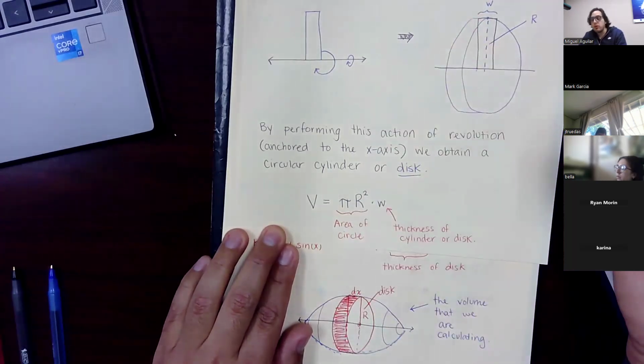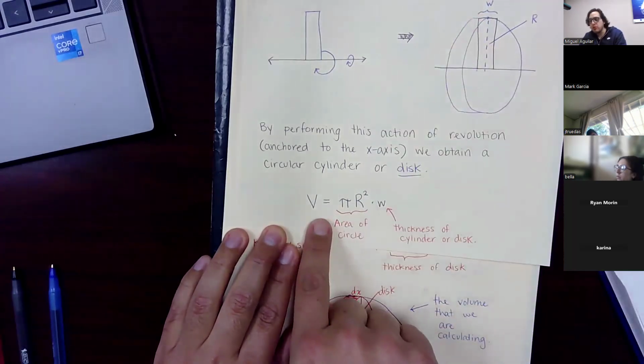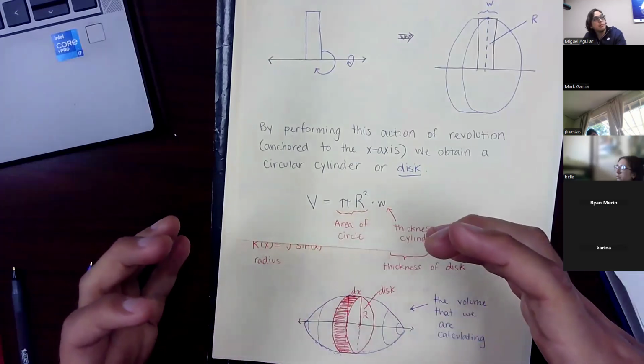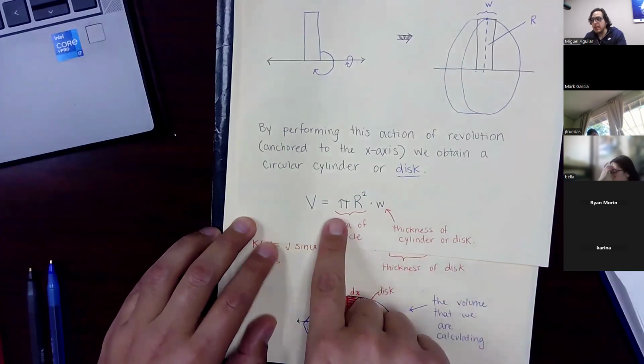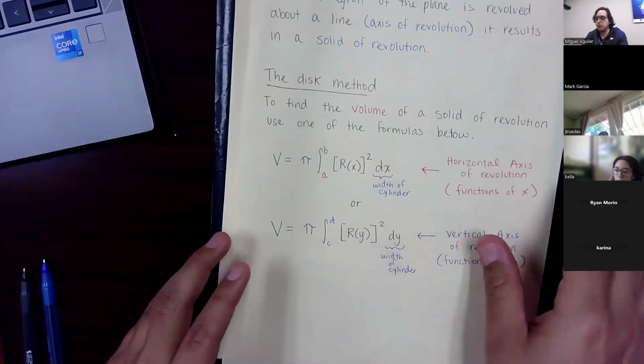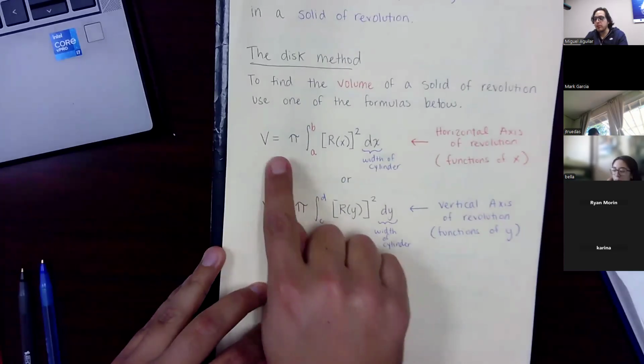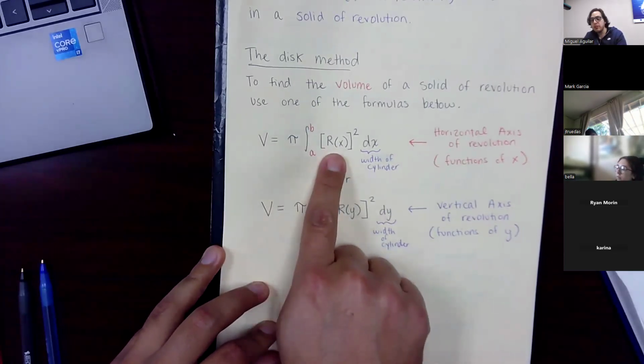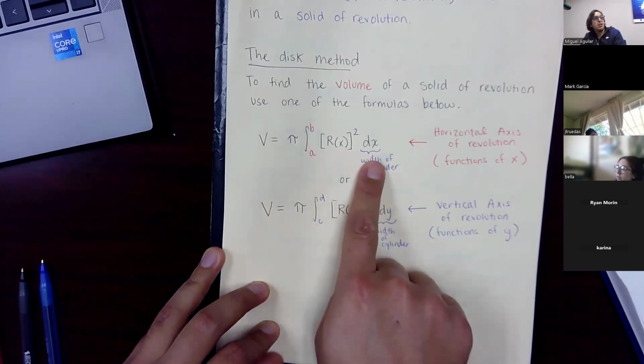So whenever we start drawing these functions, we're thinking about this analogy of what these cylindrical shapes are, right? And that's really the integral that we were applying. The integral formula for these volumes is going to be pi r squared times the width of that cylinder, right?